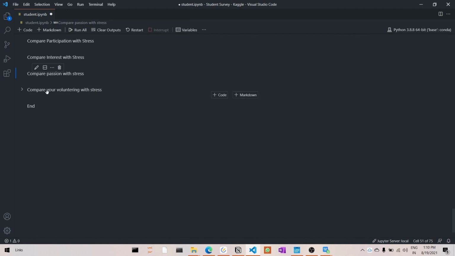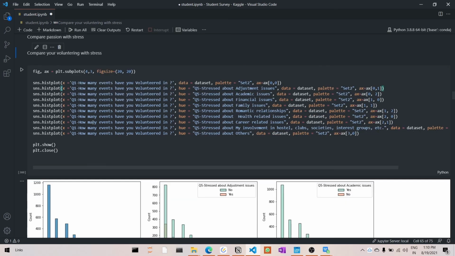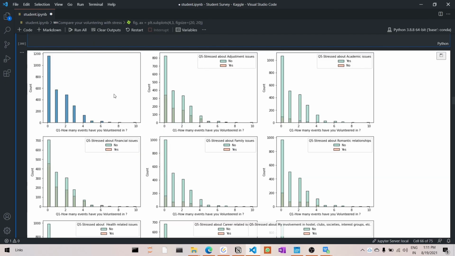Then at the last we are going to see the volunteering compared to stress. So we have these questions which are answered in numerical formats. That's where we are using the histogram rather than count plot. So on the x-axis we are plotting all the answers which are numerical. Then we are dividing that with the stress. Here you can see the result.